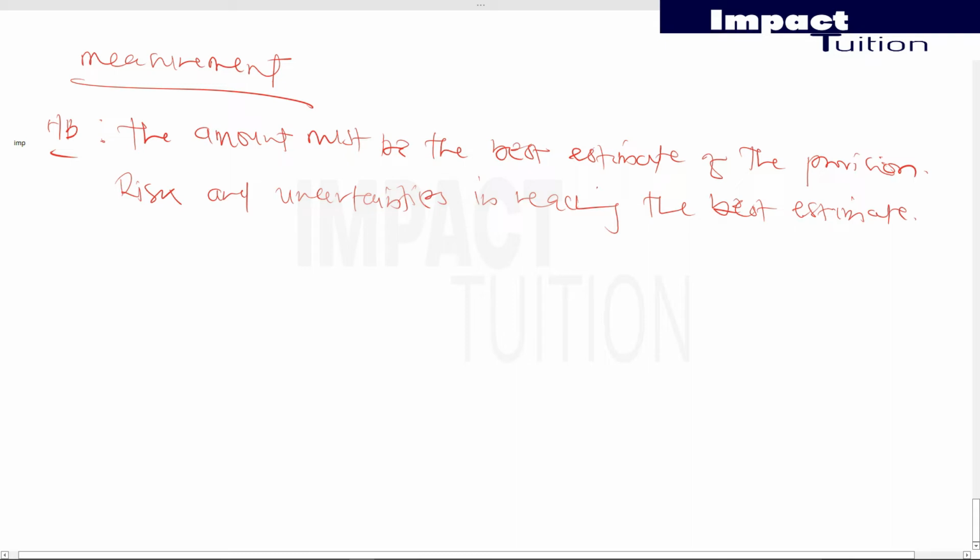So usually you can't just get up and pick an amount as your estimate. You need to get experts to read the circumstances surrounding the situation in order to make this estimate, because the amount you are recognizing as a provision has to be the best estimate, taking into consideration risk and uncertainties.